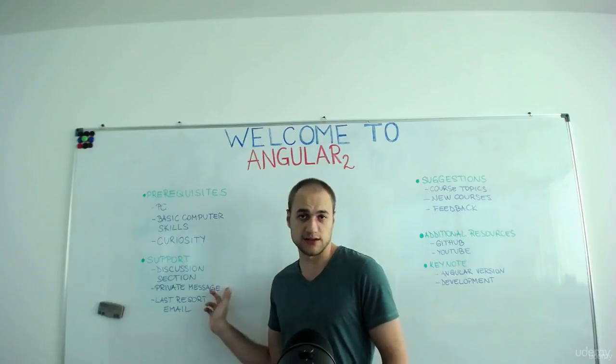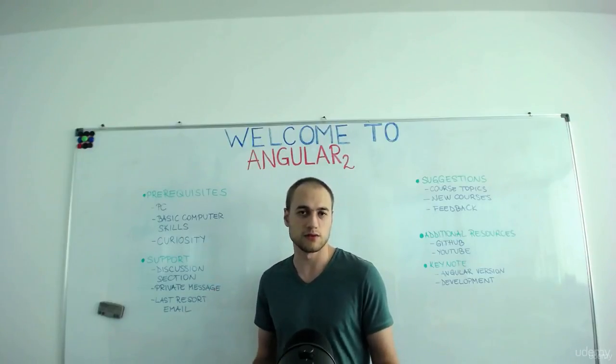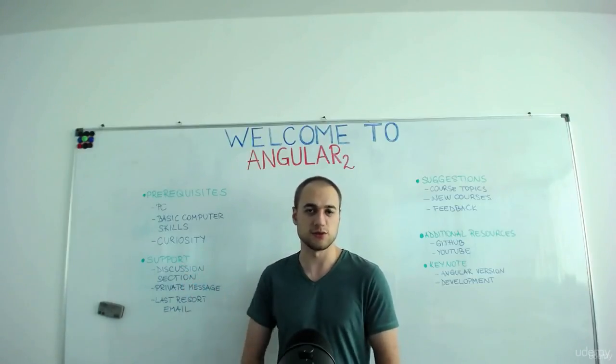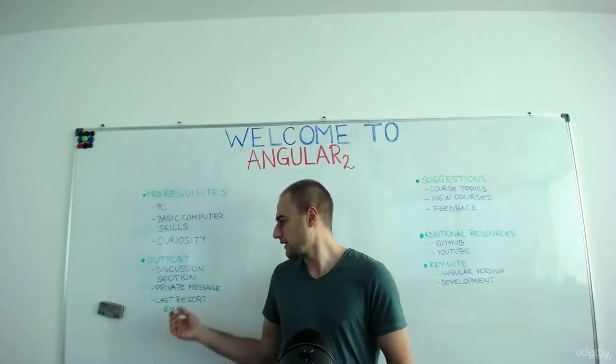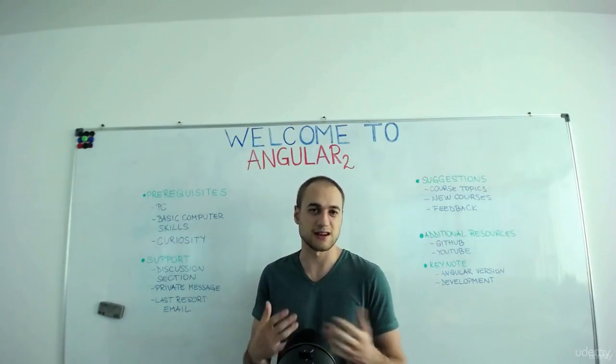You can send me a private message as well if you wish, but I'm kind of slow with responses to private messages. The discussion section is really fast. You should get an answer within a day or so. Well, that's relatively fast, but it's not exactly a live interaction.